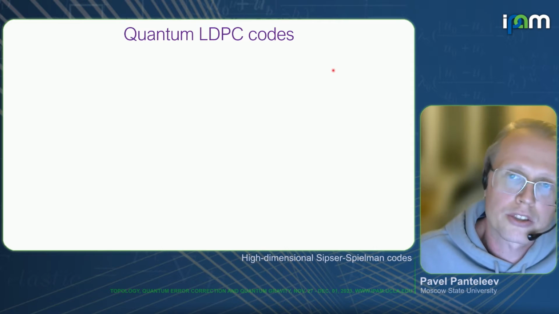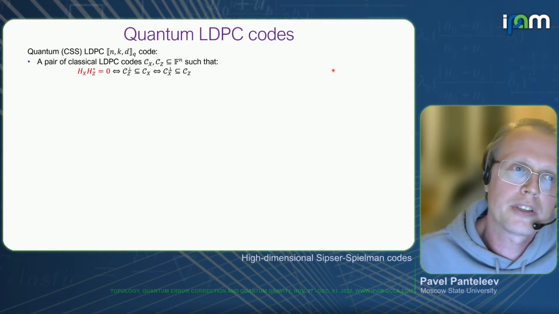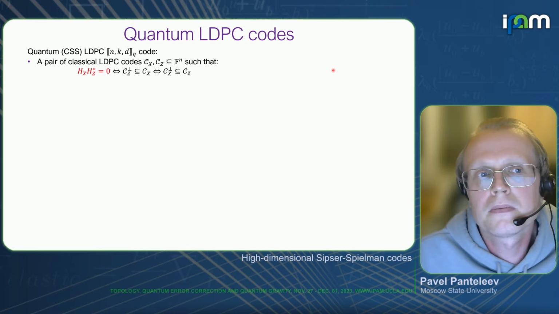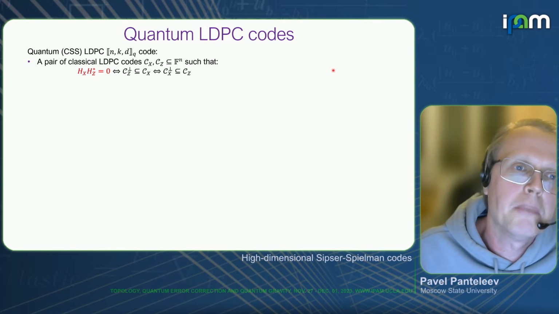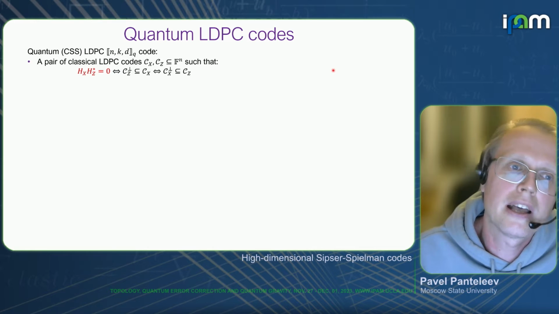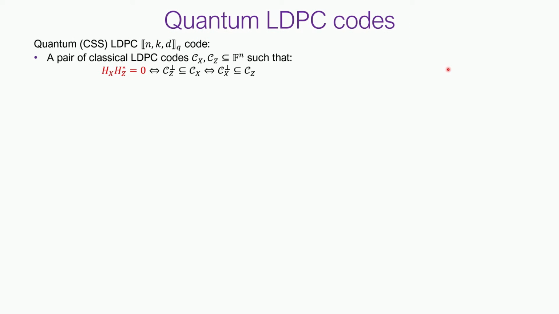Okay, what are quantum LDPC codes? By quantum LDPC code in this talk, I mean CSS codes. And as you know, CSS codes are defined by a pair of parity check matrices that define two classical codes. And we require that both these parity check matrices are sparse.